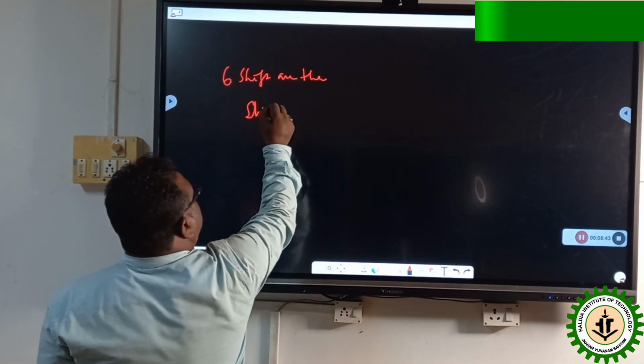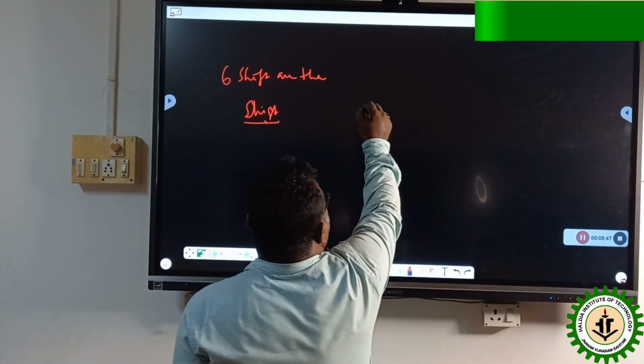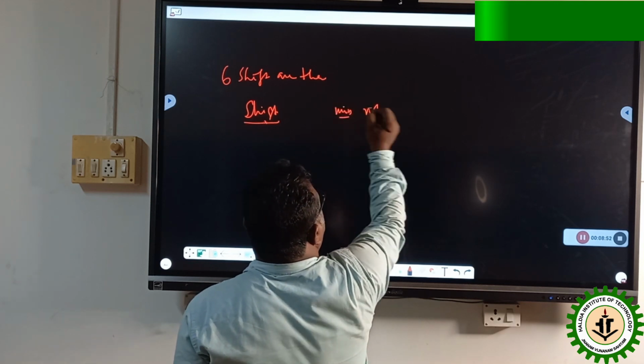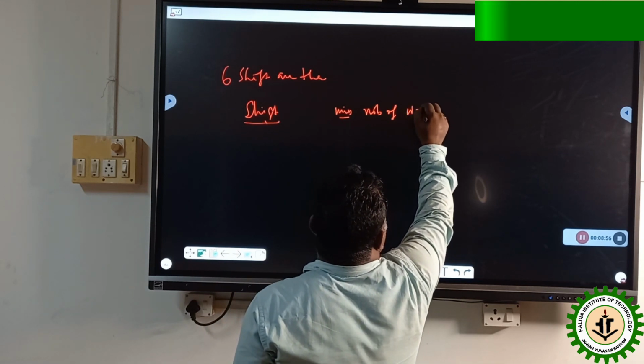So I am writing down the shift and the minimum number of worker minutes.